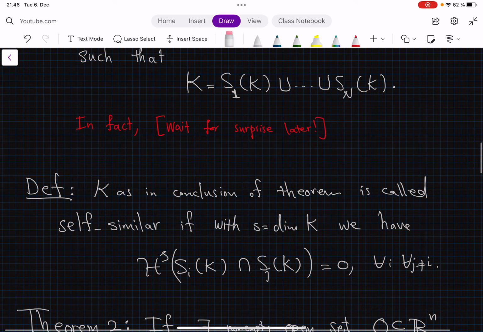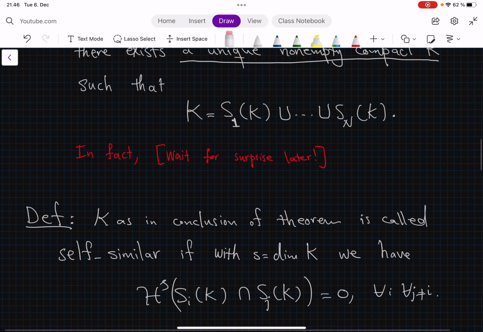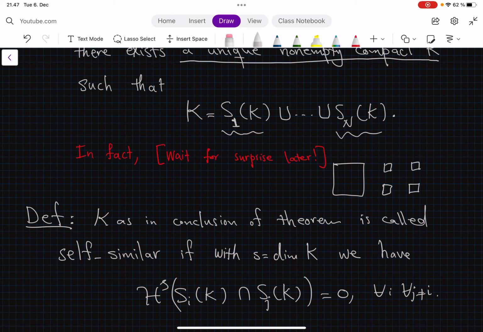Okay, now we come to that comment about images of these. So we like to think in terms of the four-corner Cantor set that S1 takes the unit cube to this one, S2 to this one, so they are perfectly separated images. So S1 of K has nothing to do with S3 of K. They are completely far away, and that's the simple picture we like to think in terms of.